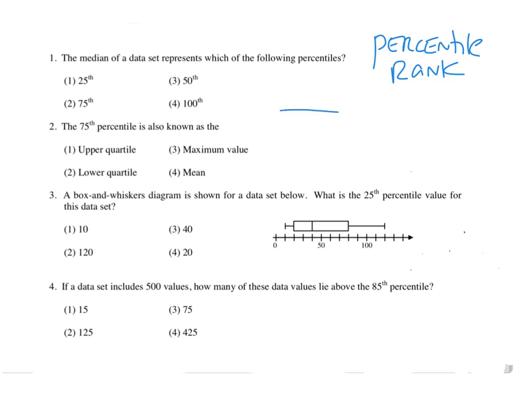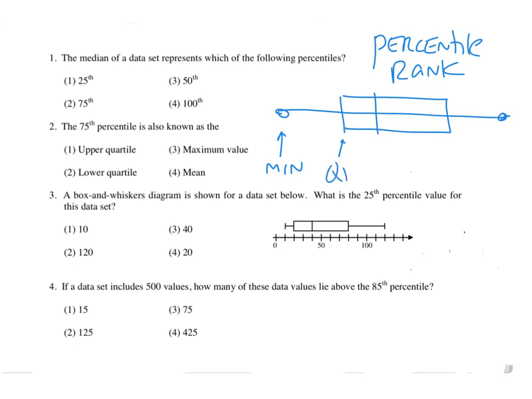And a box and whisker plot kind of ties in to percentile rank. Remember, on a box and whisker plot, you're given the minimum value, the lower quartile, the median, the upper quartile, and the maximum. And the significance of a box and whisker plot is that it breaks the data up into quarters.